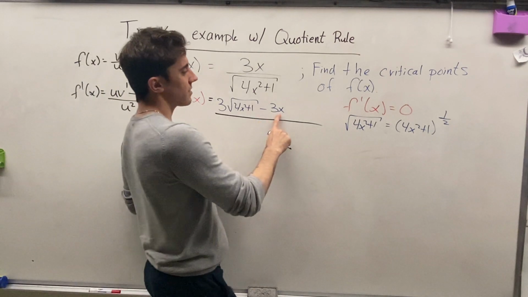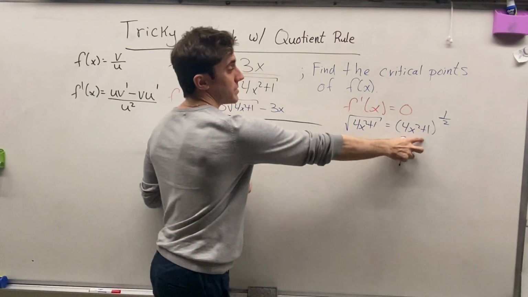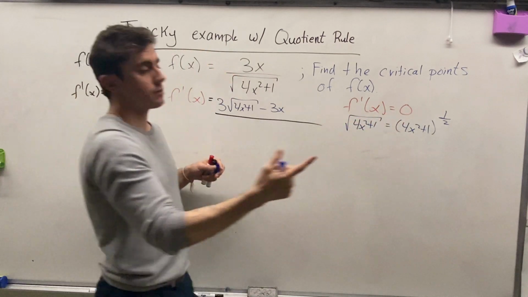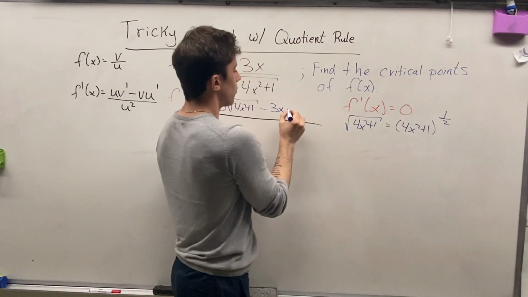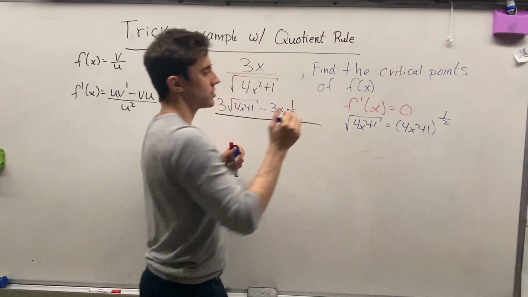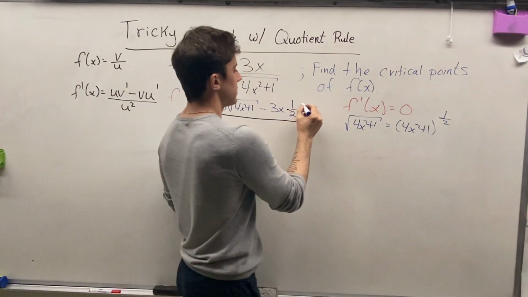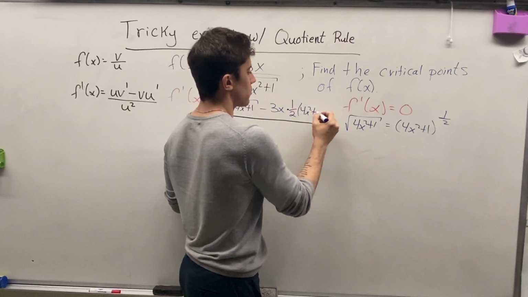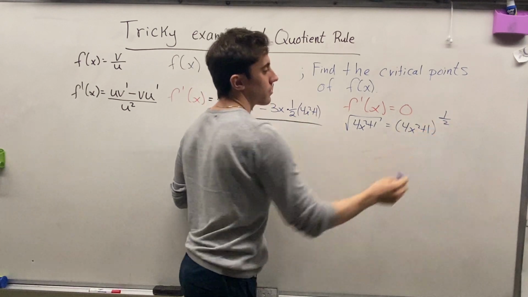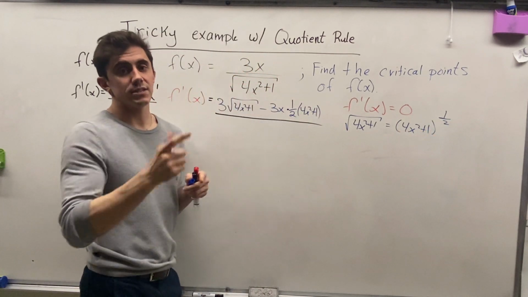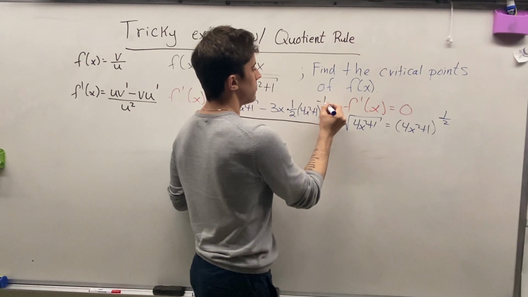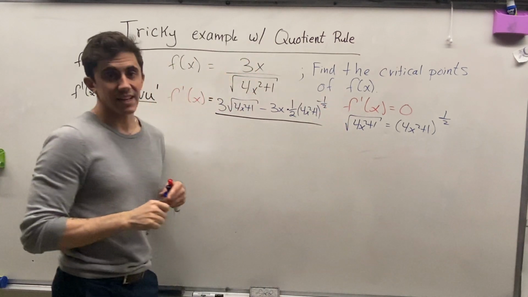So 3x times the derivative of this piece. Using our typical power rule, the 1/2 will multiply out front, we'll still have 4x squared plus 1, and now the exponent drops down by 1, so 1/2 minus 1 brings us to negative 1/2.